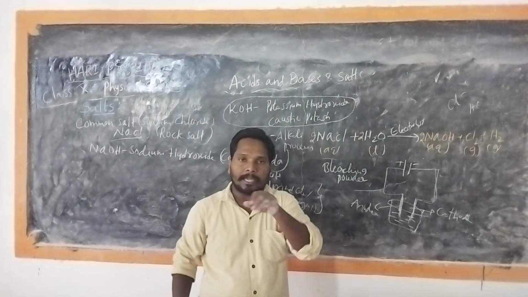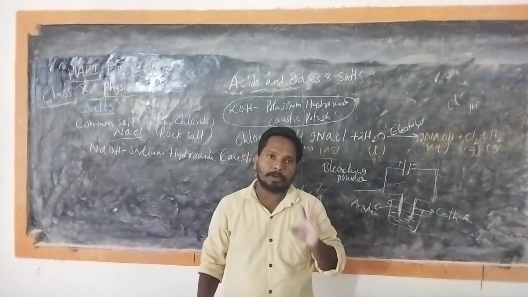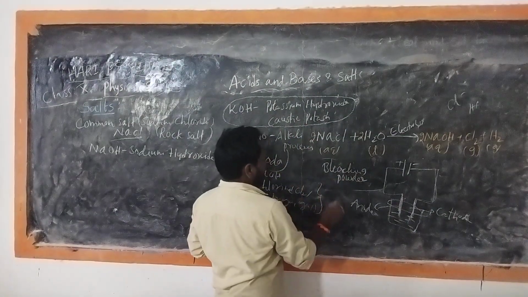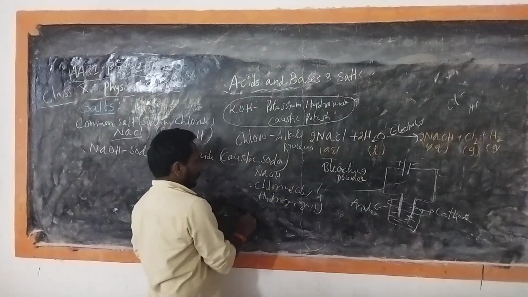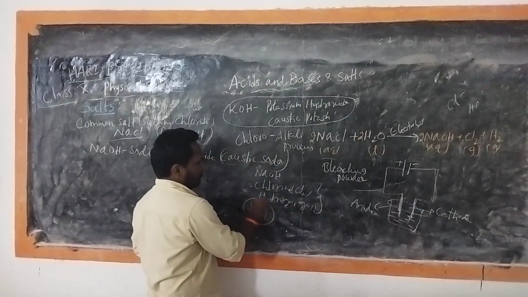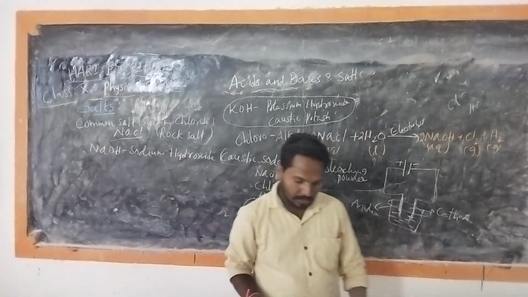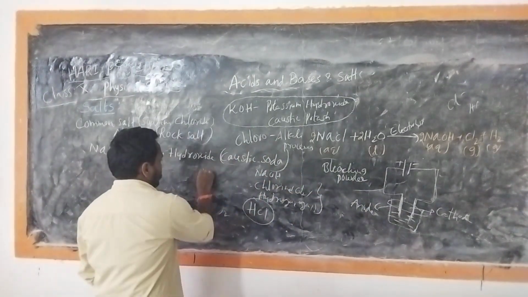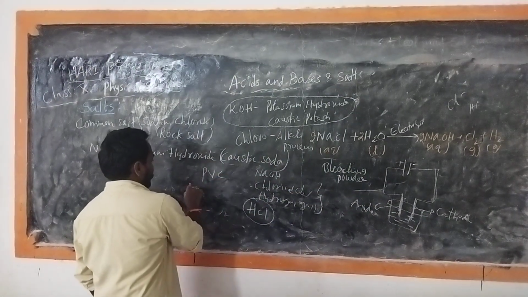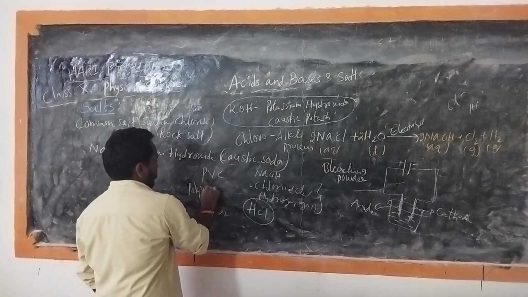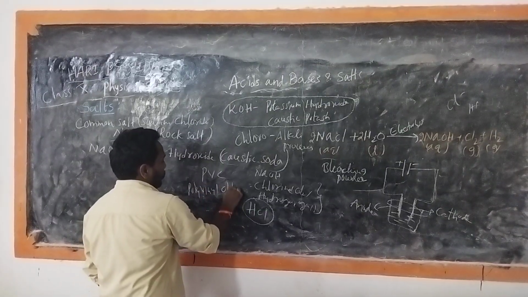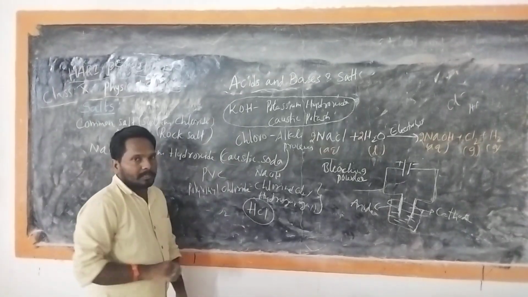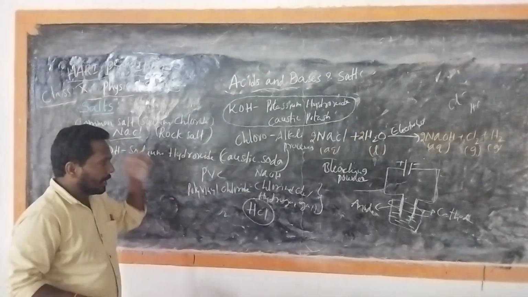Chlorine is also used in the production of hydrochloric acid. It is used in making PVC, polyvinyl chloride, a kind of plastic, in the manufacture of PVC pipes or PVC polymer.